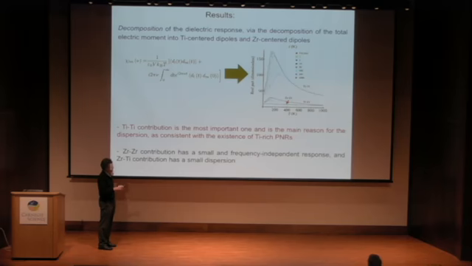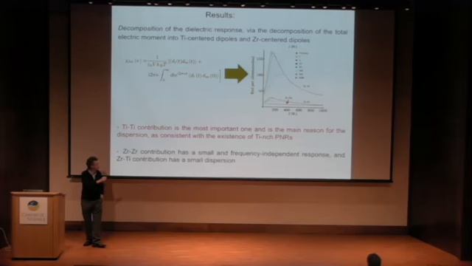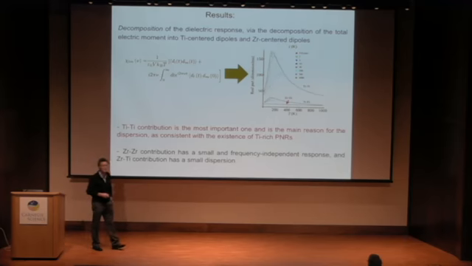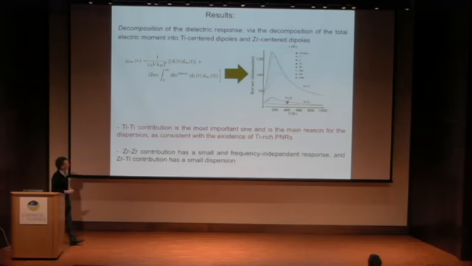Zirconium-zirconium basically doesn't depend on frequency, it's a small value. Titanium-titanium is the largest value, and this is really where you see the dependency on frequency, and titanium-zirconium has a small dependency on frequency. This is absolutely consistent with the fact that polar nanoregions in barium zirconium titanate are basically made of titanium-rich regions.